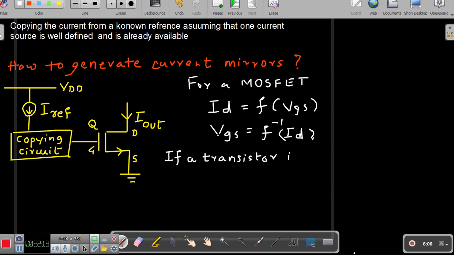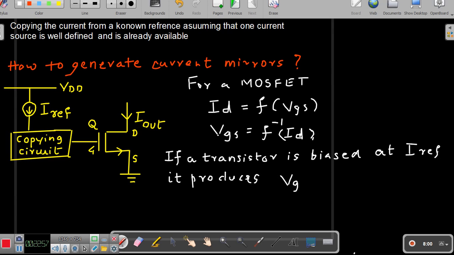If the transistor is biased at I reference, then definitely it will produce VGS, which is an inverse function of I reference.